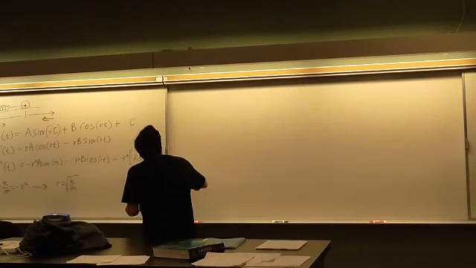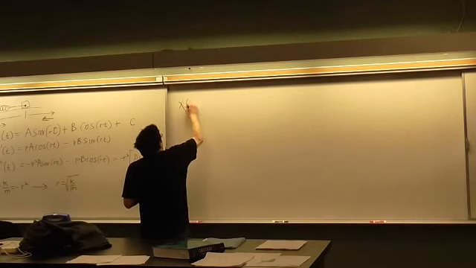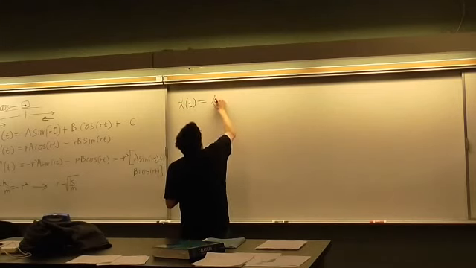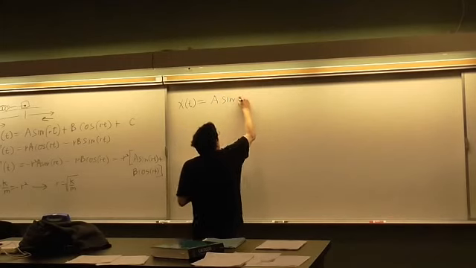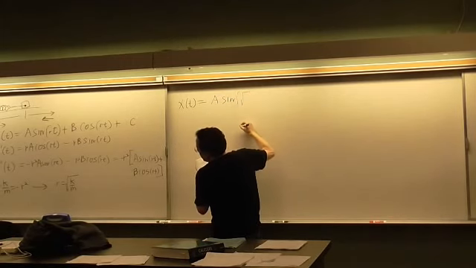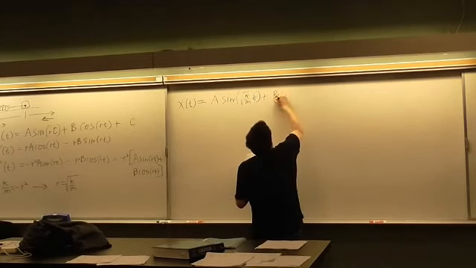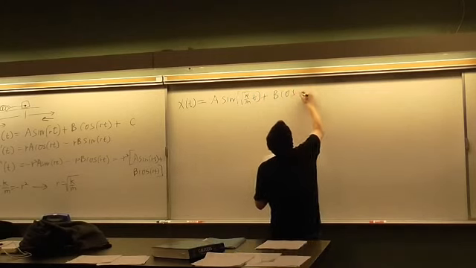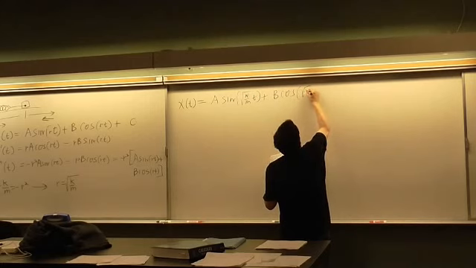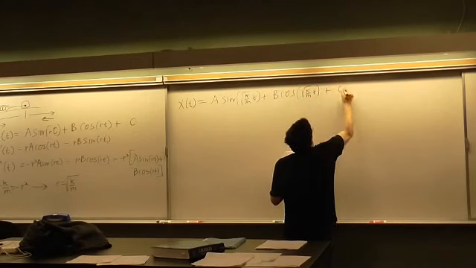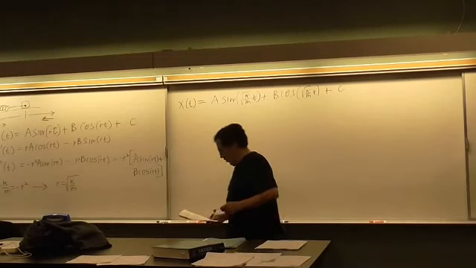So that would give me at least some place to start here. A function x of t equals a sine of the square root of k over m t, plus b cosine of the square root of k over m t, again, plus some arbitrary constant.